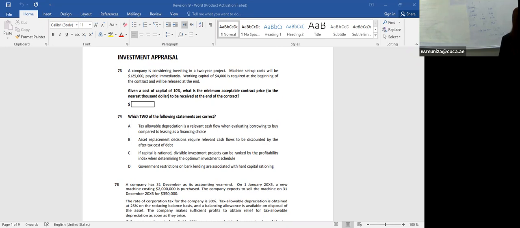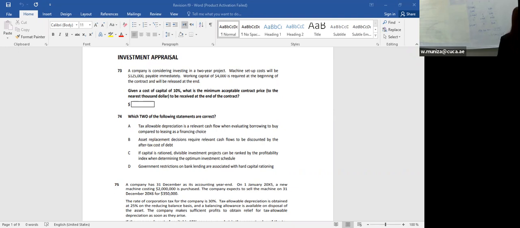On the other hand, after-tax cost of debt is used for lease and buy decisions. So in asset replacement decisions, we use cost of capital instead of after-tax cost of debt. Got it? Okay, so both of these statements are wrong.